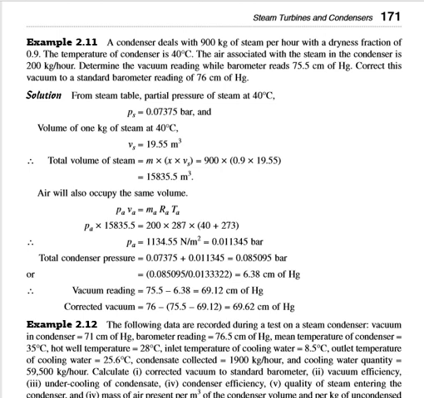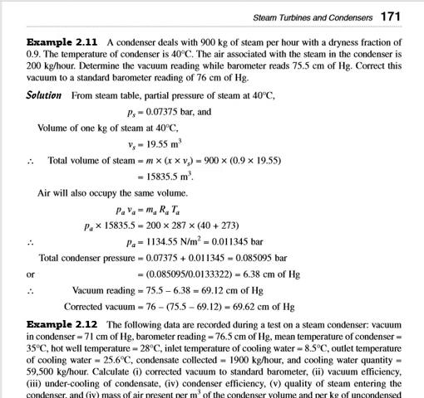This numerical again belongs to the condenser, and the given data is there. The mass of steam per hour is given, having a dryness fraction of 0.9. That is, the steam is wet, saturated steam with dryness 0.9. The temperature of the condenser is given, the mass of steam is given, the dryness fraction is given.